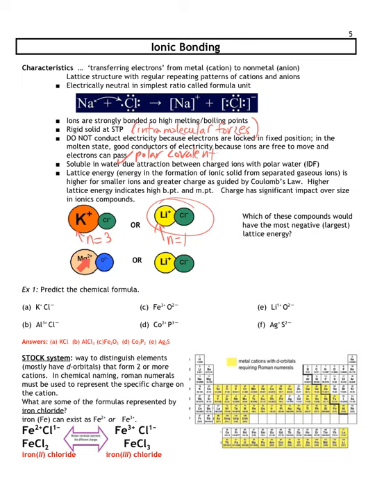These are higher charges than the charge of lithium, which is +1, and chloride, which is -1. So higher charges will have higher lattice energy according to Coulomb's law. So we're going to circle this and say +2 and -2 are higher charges than +1 and -1 charges. So higher charge.